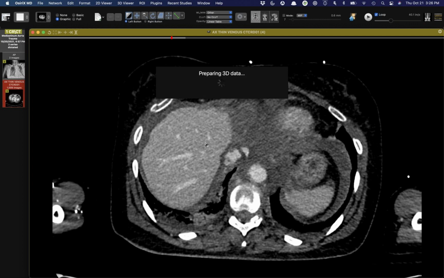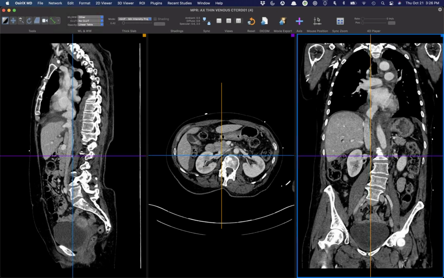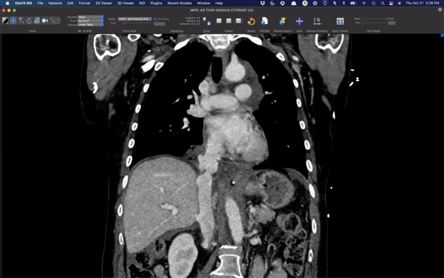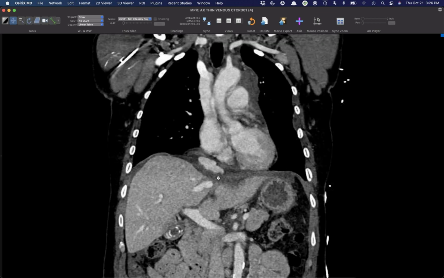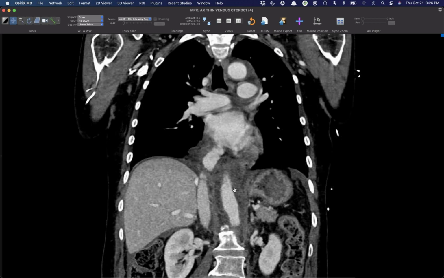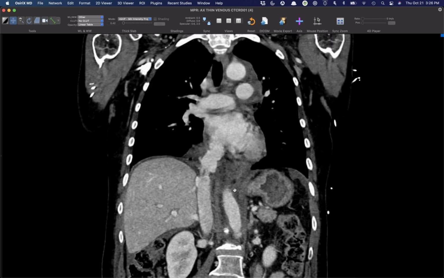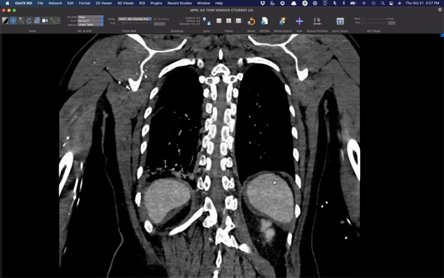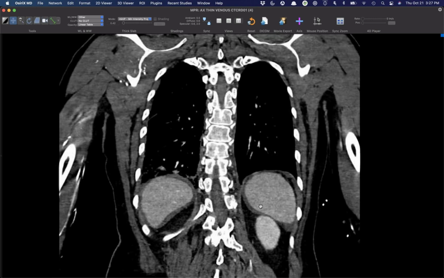But I have not seen traumatic IVC injury. Certainly it has been reported, but you can see here on the coronal what this looks like right there. Wow. So I don't know what they're going to do about this, honestly. There's a little bit of perisplenic hematoma, and we didn't see any active extravasation there.